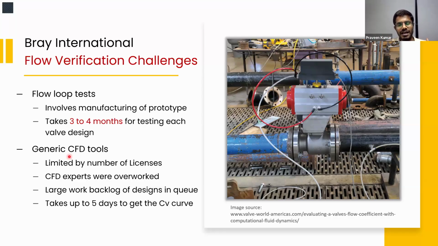So design engineers had to wait in a queue for CFD experts and for the license to be free. After the waiting cycle, it took 5 days to get the complete CV curve or cavitation, and for complex cases it went even higher. After adopting our solution, this time reduced to 1 to 2 hours.